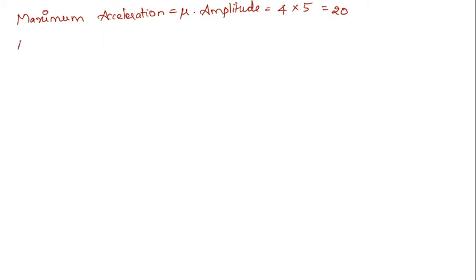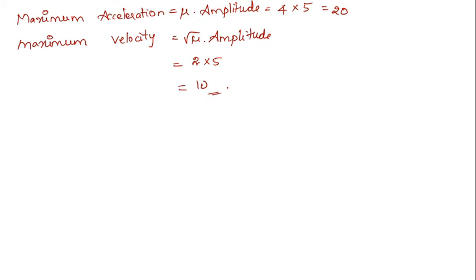And maximum velocity is root mu into amplitude. That is, root mu is 2, so 2 into 5, that will be 10. So we found the period, the amplitude, the maximum acceleration and the maximum velocity.